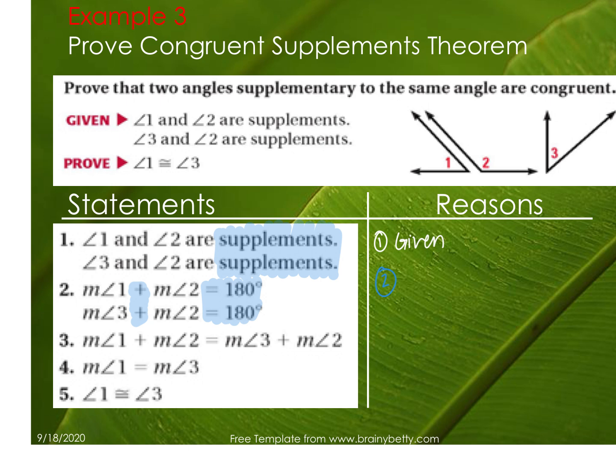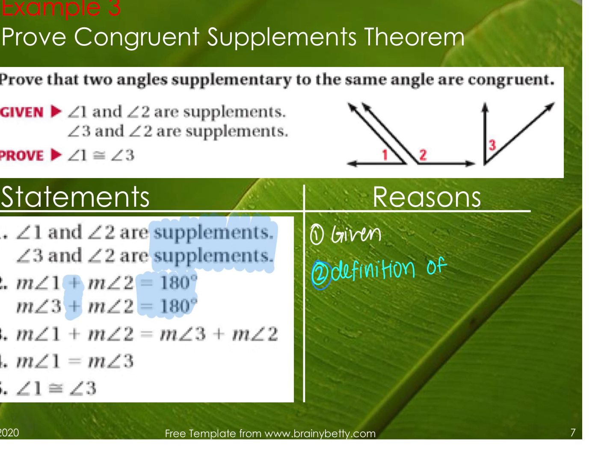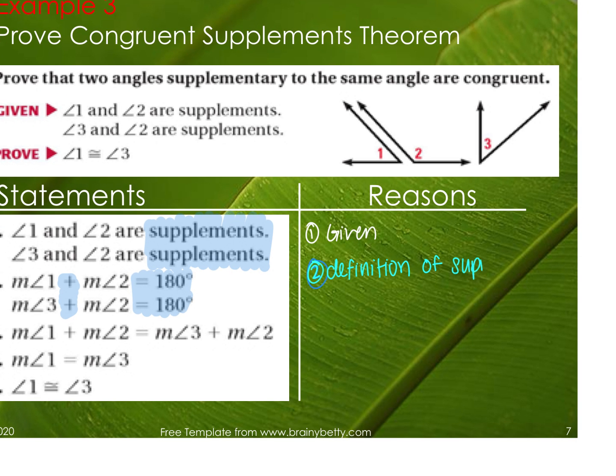So yes, good job. For this one it is going to be definition of supplementary. I have my angles that are supplement, and then I'm stating if I add them, they're going to equal 180. So by definition, that is supplementary.